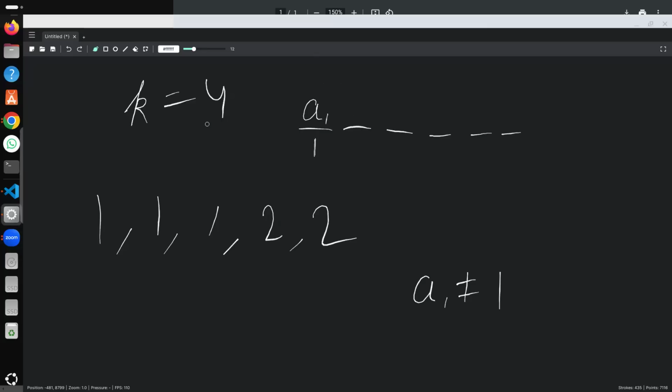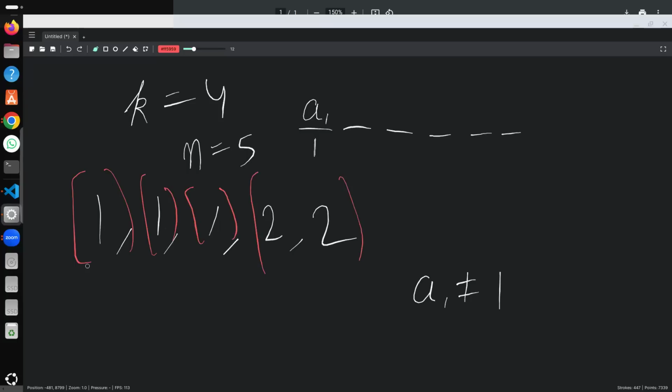So K is equal to 4, and N is equal to 5 here. So what does that mean? That basically in all the groups there will be one element, and in one of the groups there will be two elements. So let's say this is one group, this is one group, this is one group, and this whole is one group.